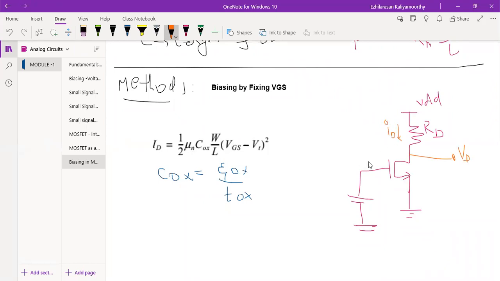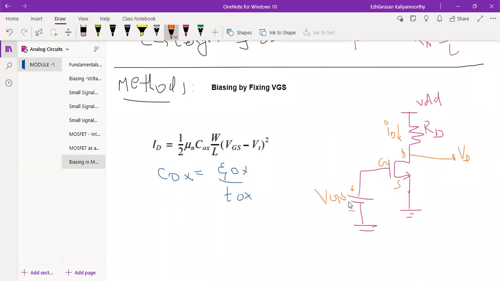Then this will be the gate terminal, this is the drain terminal, this is the source terminal. This is plus minus VGS. This is what we are doing, so biasing by fixing VGS. Just we fix the VGS here now. So the output here we have to take V naught.